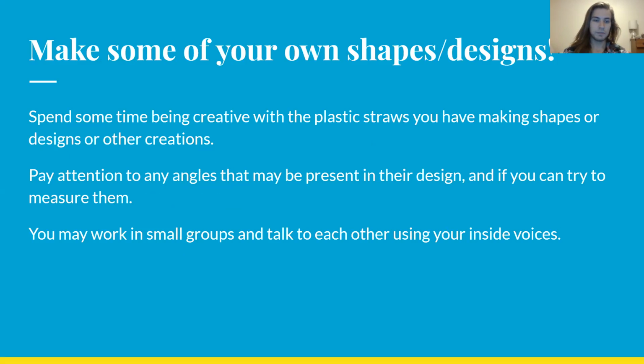So when you're making these designs and shapes, keep in mind what angles are present in that design, and if you have the opportunity, be sure to measure them. We'll go around the class once we're done and have some groups share some of their designs and angles. You'll be able to work in small groups for that. Just keep the noise down to a normal level inside.